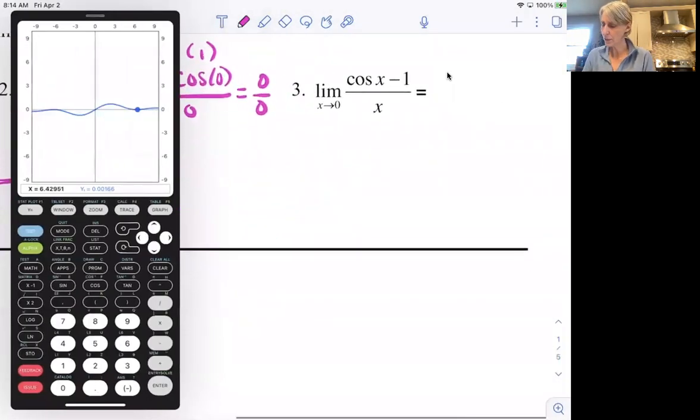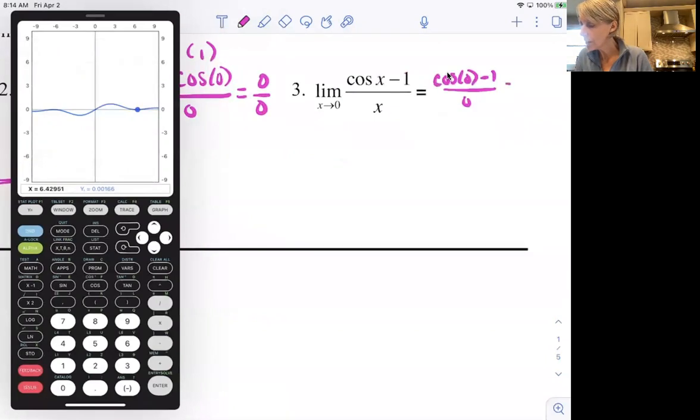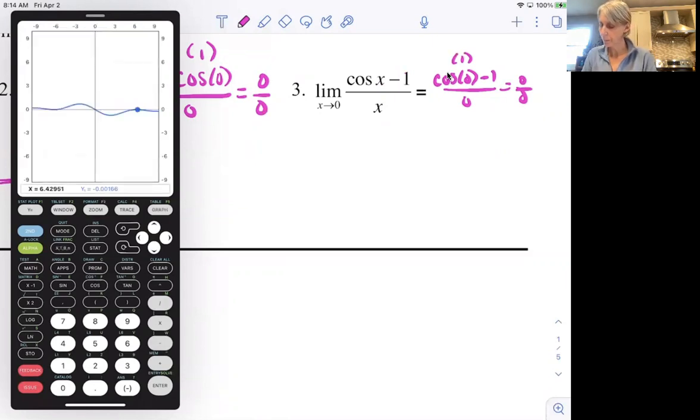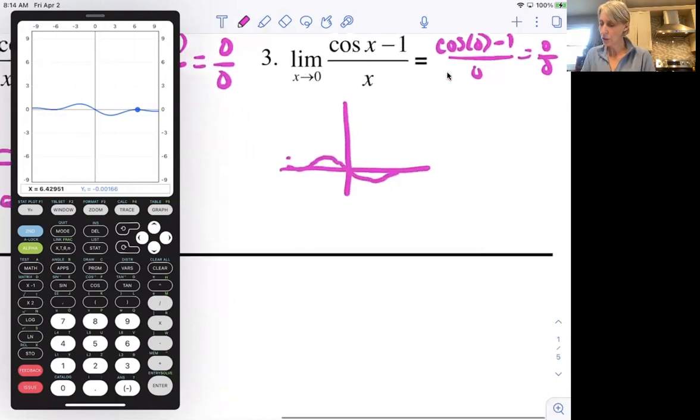And we'll do this last one over here. Cosine of 0 minus 1 over 0. Again, we're going to get 0 over 0, so we're going to go to our calculator. This time our picture looks like that, and we're concerned with this area there.